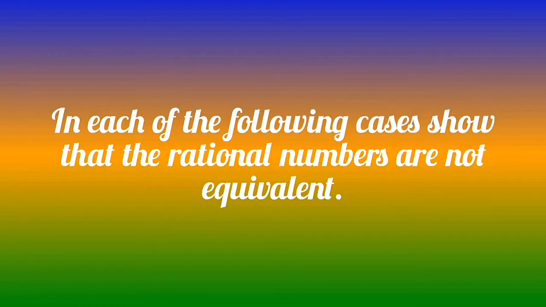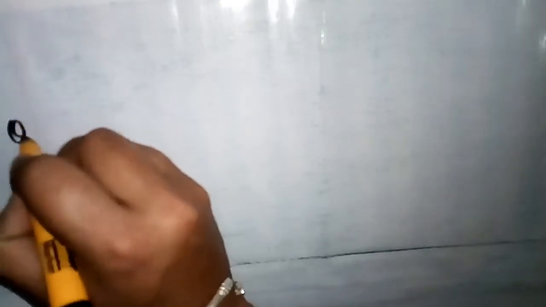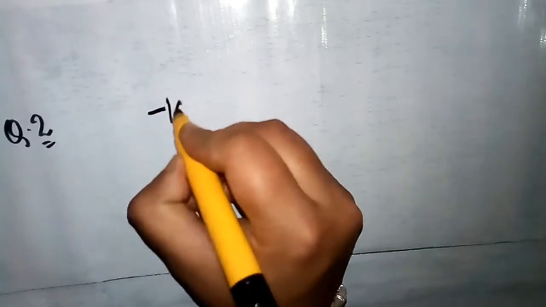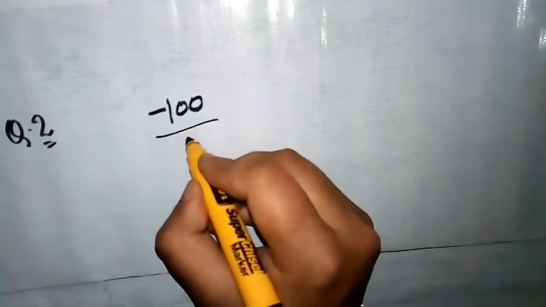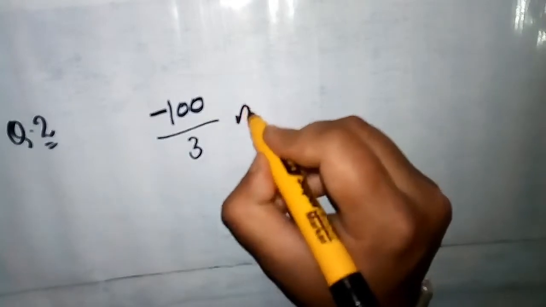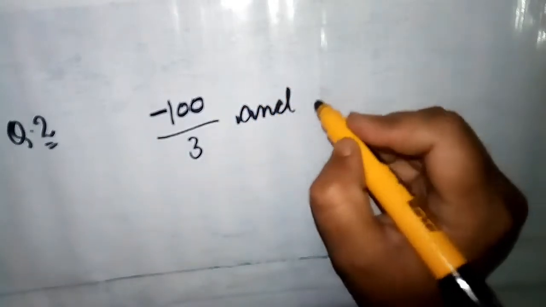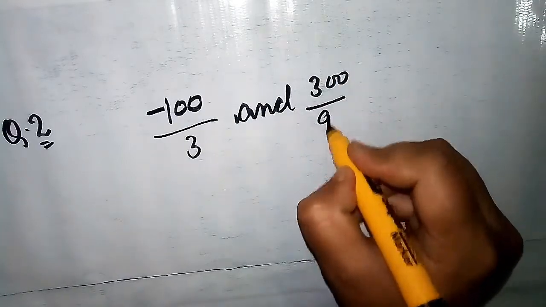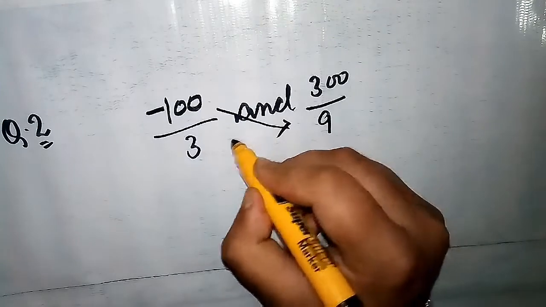We can do question number 2 also using this property. That is, in each of the following cases, show that the rational numbers are not equivalent. For that, I am taking the second part of question number 2, which is minus 100 upon 3 and 300 upon 9. In the same way we have to cross multiply.